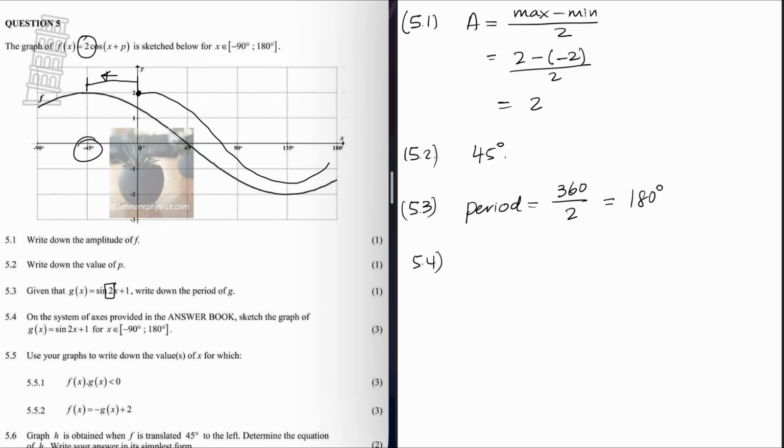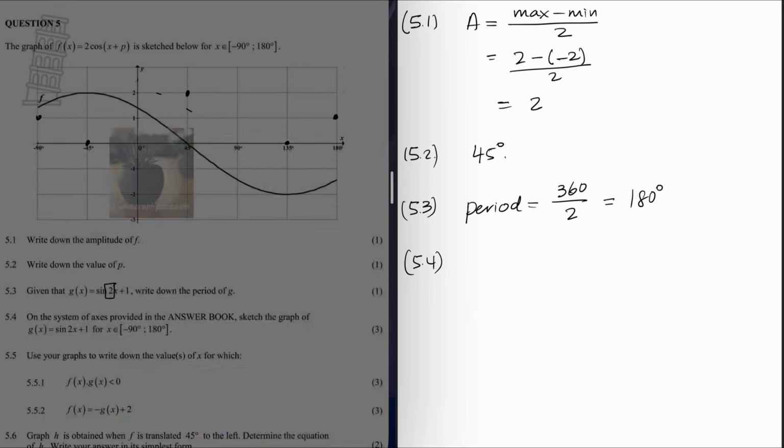Question 5.4, okay, it asks us to sketch the graph. So here it's just a matter of using the table function on your calculator. So you'll go to mode and then table, and your calculator will give you the coordinates. And so when we plot this graph, it's going to look something like this. So you're going to have a minimum here, you'll have a value here, and then here, and one here, and then here.